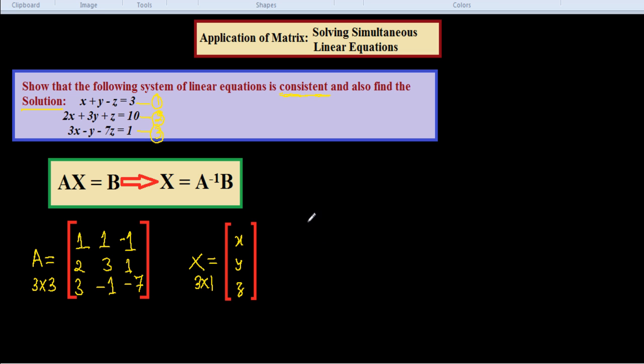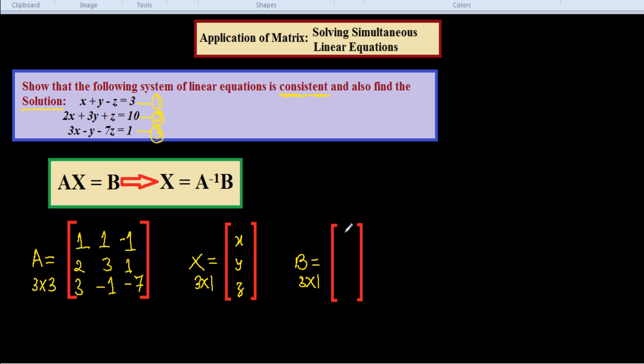Now look at matrix B. What is matrix B? Matrix B is a matrix of 3 by 1 order, which is the matrix of the constants on the right side of these simultaneous linear equations: 3, 10, 1.